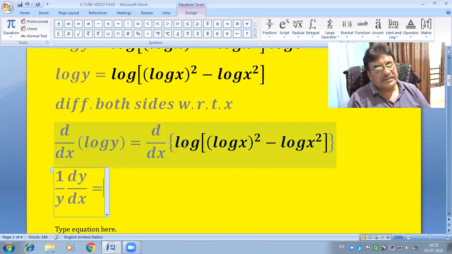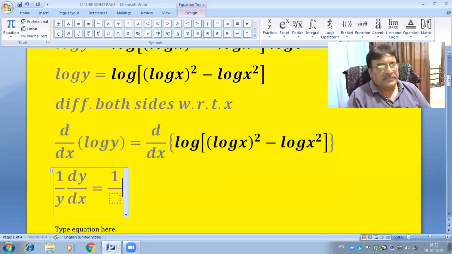Again we find here d/dx of (log x)² minus log x². Use here the formula d/dx of log f(x) is 1 by f(x) into f dash of x.